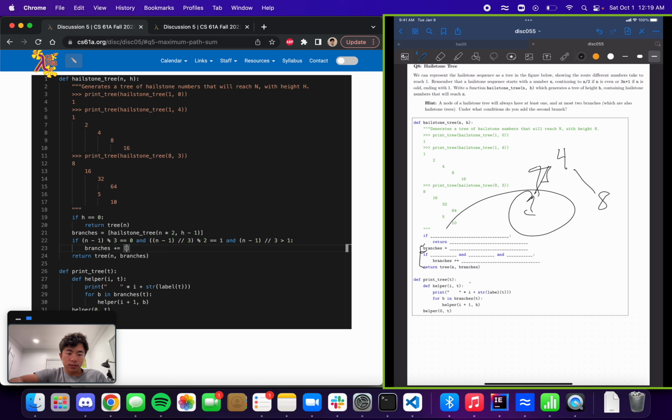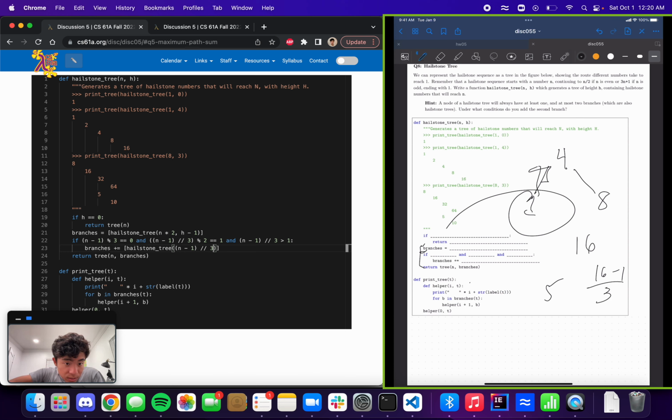But yeah, now that we've satisfied all the conditions for whether it could come from an odd number or not, we're going to add that case right here. So adding that odd tree there. It would be n minus 1 floor div 3. So in the case of maybe 16 minus 1 over 3, that gets us to the number 5.